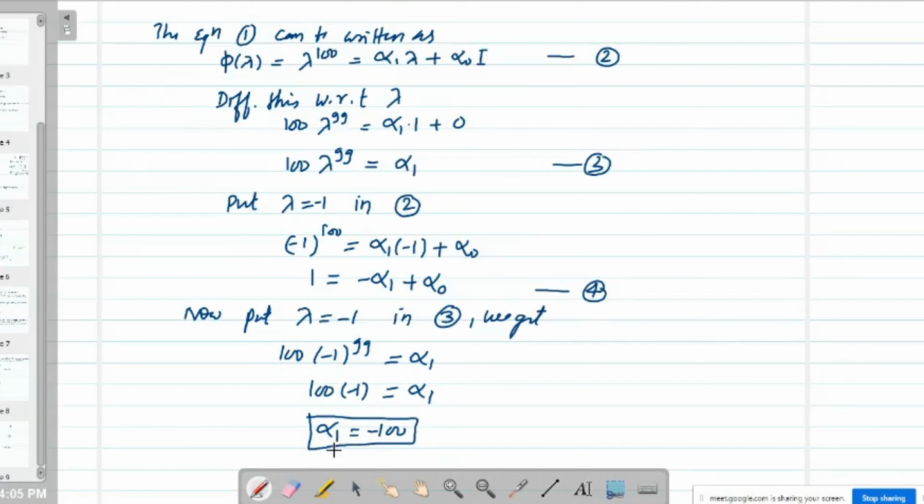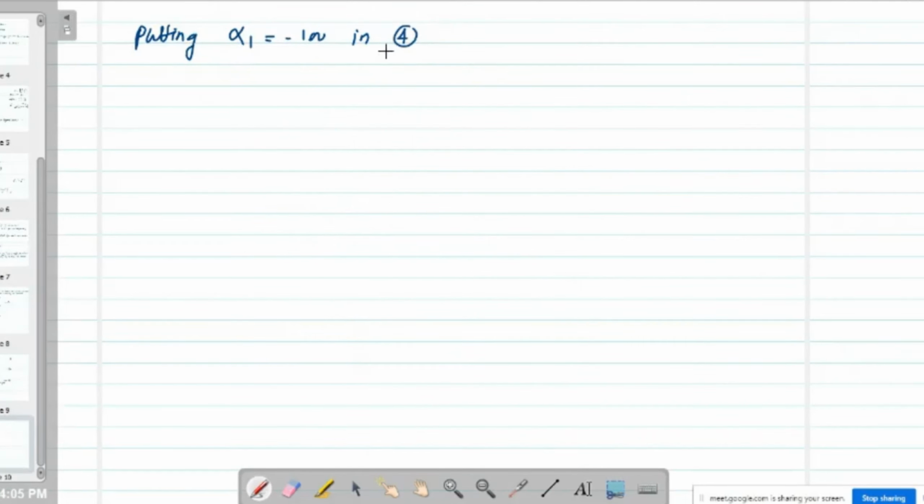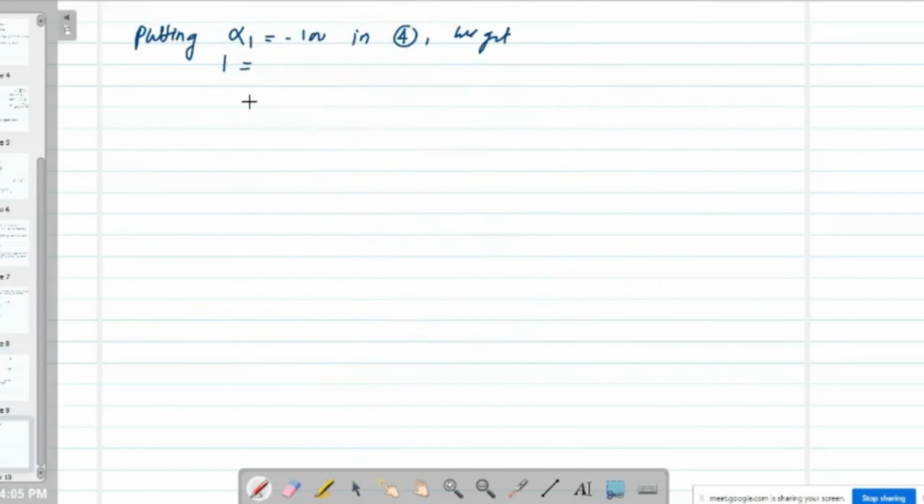Now putting alpha 1 equal to -100 in equation number 4, we get 1 equal to minus alpha 1, minus times minus becomes plus, so minus (-100) and plus alpha naught.